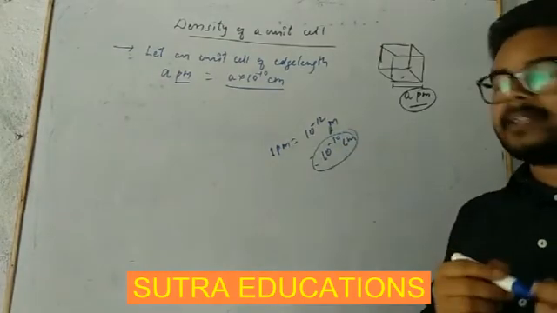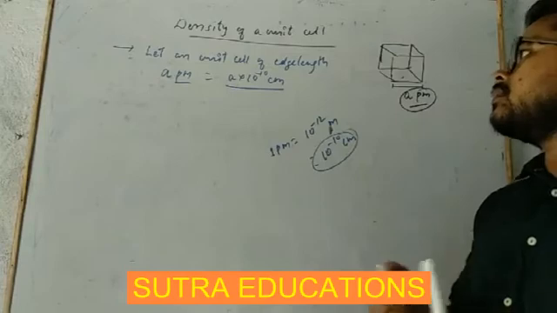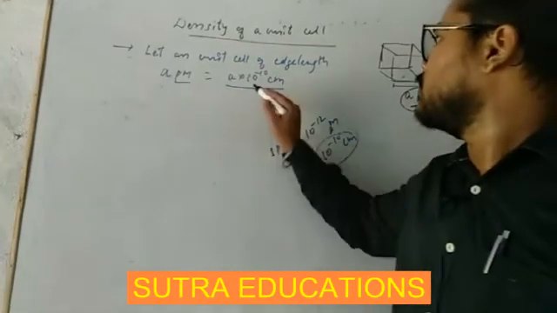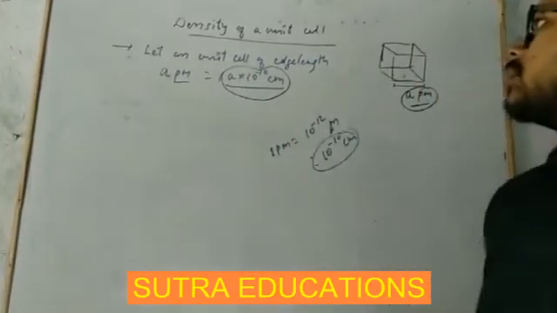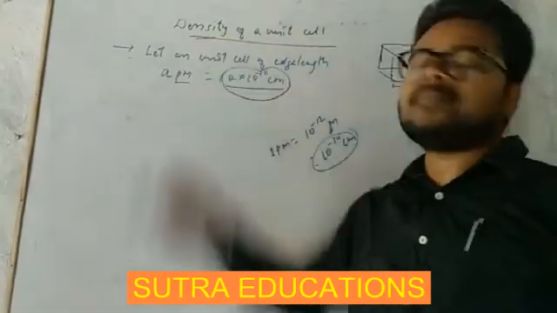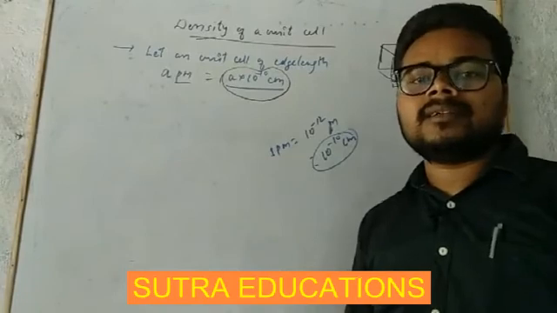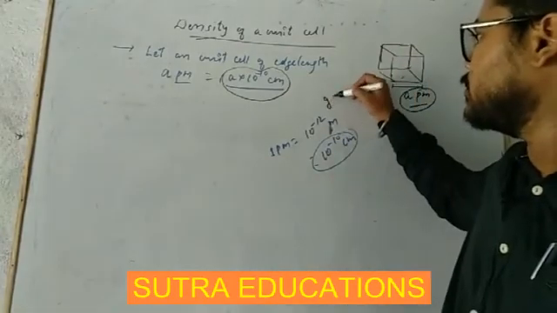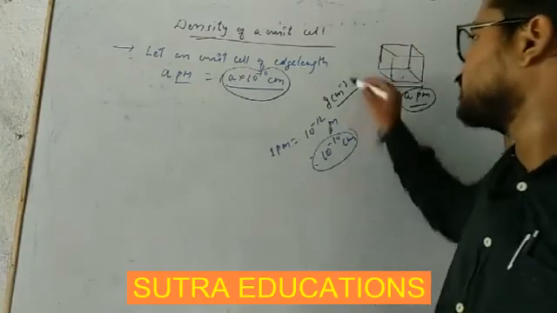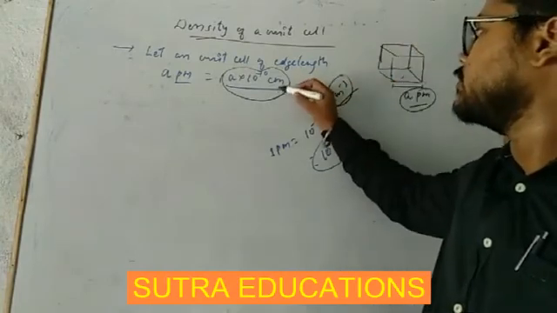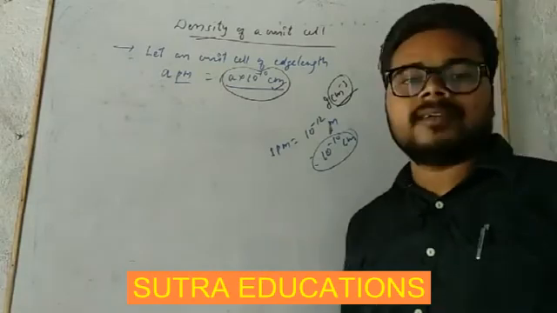So I am writing here a into 10 to the power minus 10 centimeter, because we are going to calculate density, and density is measured in gram per centimeter cube. That's why I am taking this value in cm.